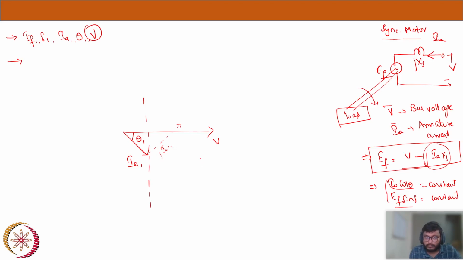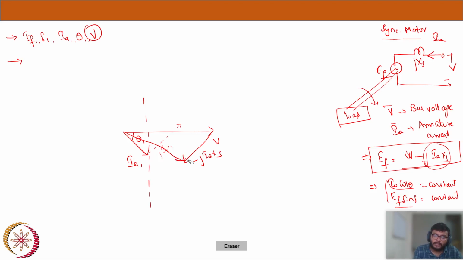But we have to subtract this from V. So here, V minus JIA XS will give the EF. So this has to be positive and I have to subtract this from here. This is minus JIA XS, and V minus JIA XS will give you the EF.